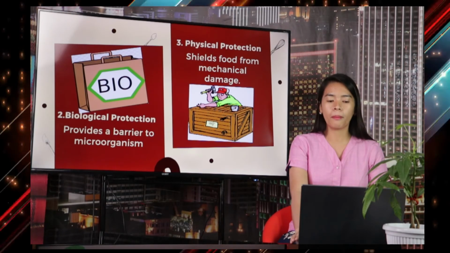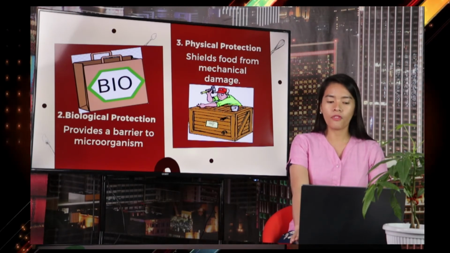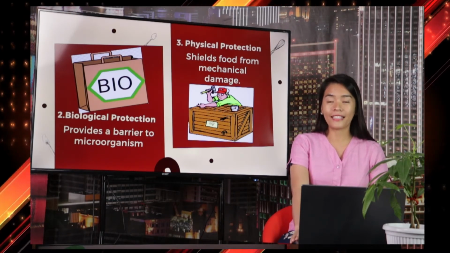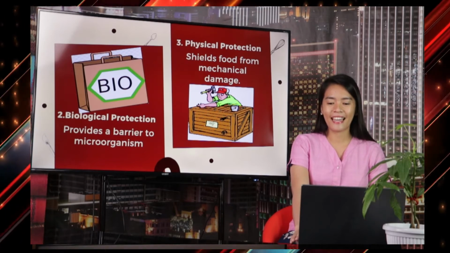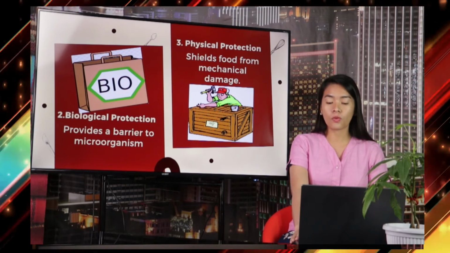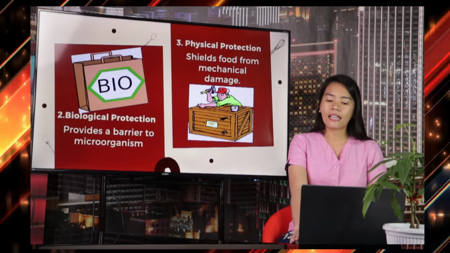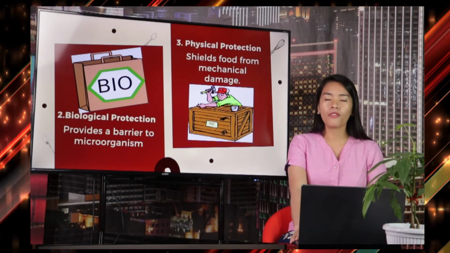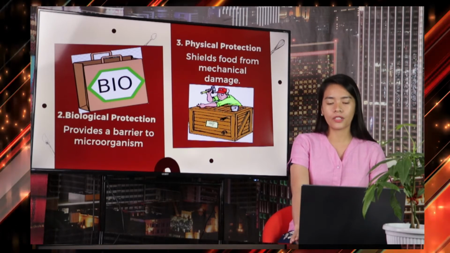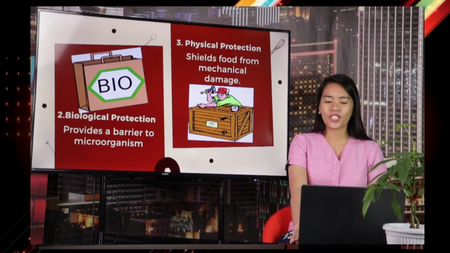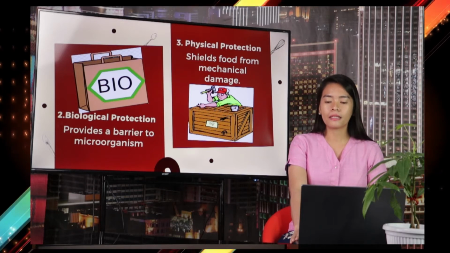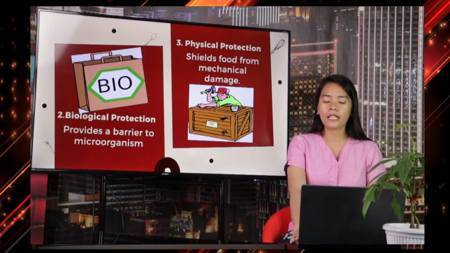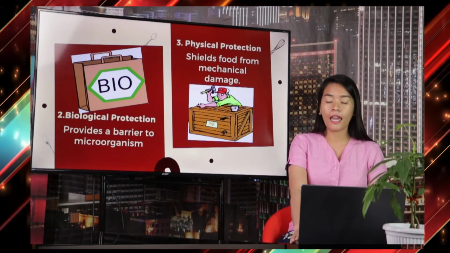Next is we have the biological protection, which provides a barrier to microorganisms or the pathogens and spoiling agents, insects, rodents, and other animals, thereby preventing disease and spoilage. In addition, biological barriers maintain conditions to control senses, ripening, and aging.